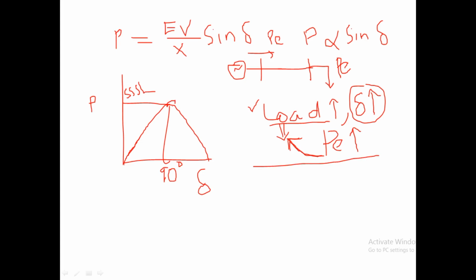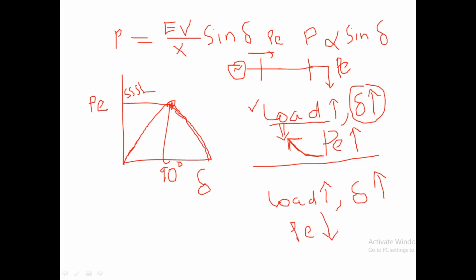This will happen up to which point? Up to 90 degrees. After 90 degrees, what will happen? When the load increases, it requires more power, so again δ increases. But after 90 degrees, as you can see from this figure, when δ increases, PE decreases.